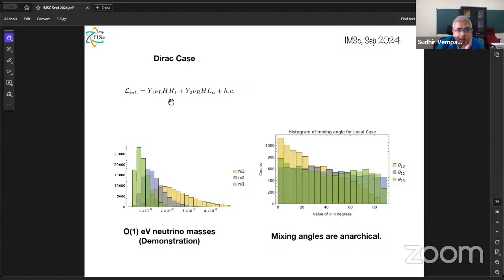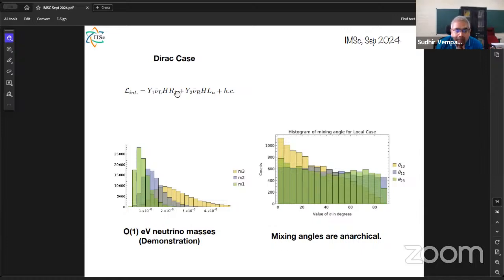So this gives you Dirac neutrino masses for the neutrinos, and you need three such chains for the case of three neutrino masses.